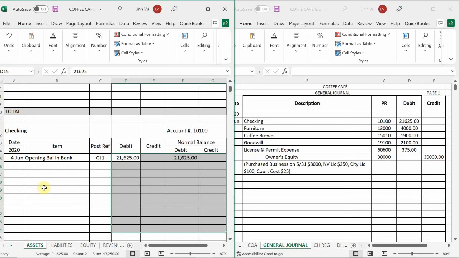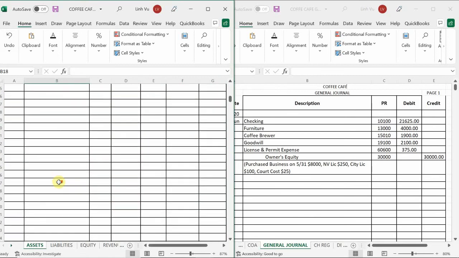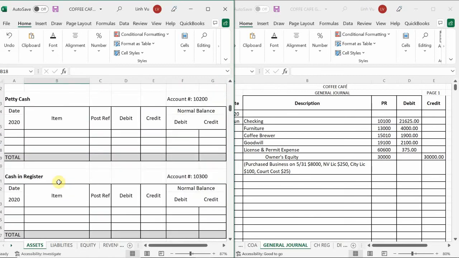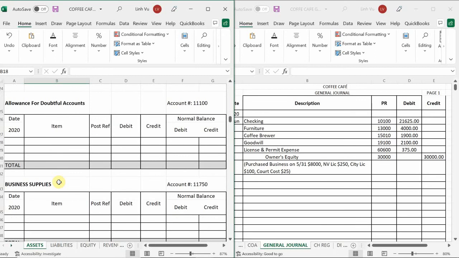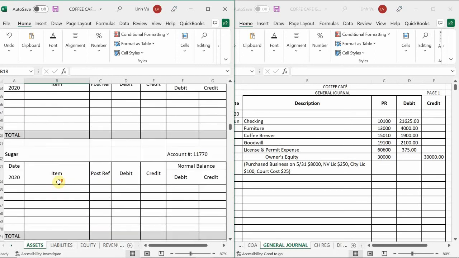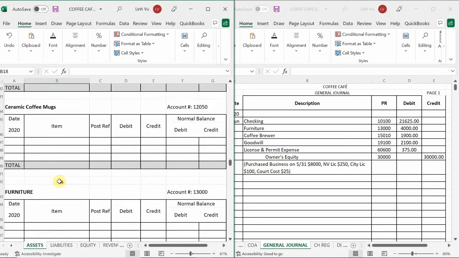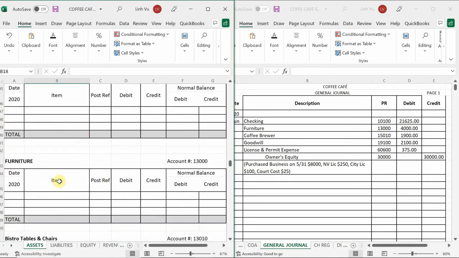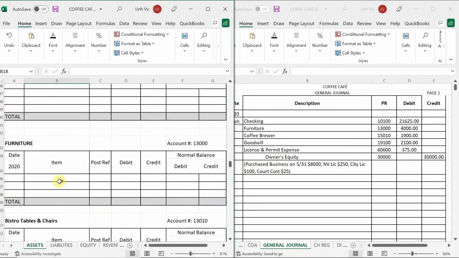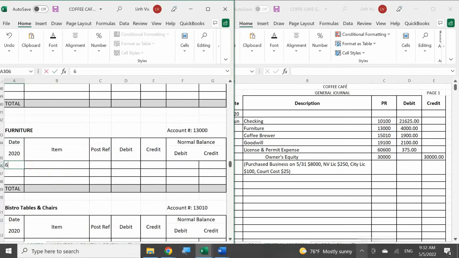Next, I need to go to the next account, which is furniture. I think it's here, furniture. June 4, and then you could say purchased furniture on May 31st.